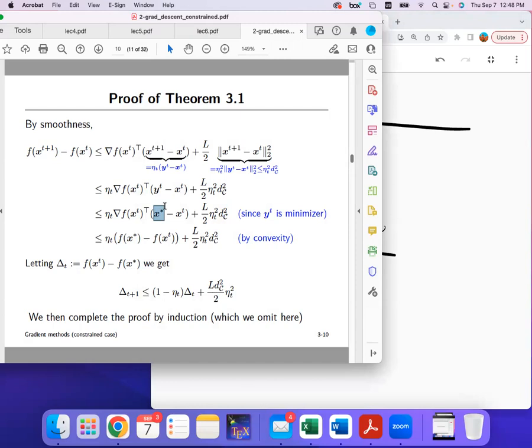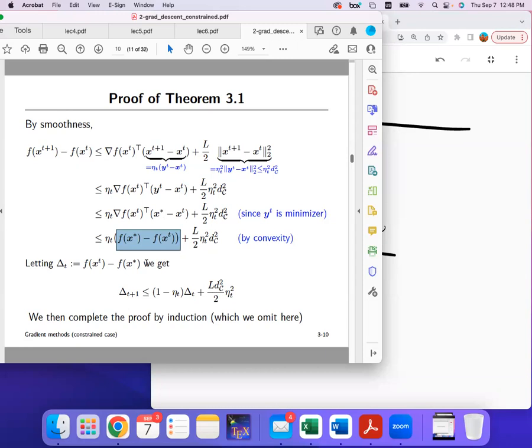And then I can apply convexity of function f. So this dot product can be upper bounded by the difference of the function value, because the function is convex. Right? This is the definition of convex functions. So we have this inequality. Right? So eventually you can transform this dot product into a difference of function value terms.